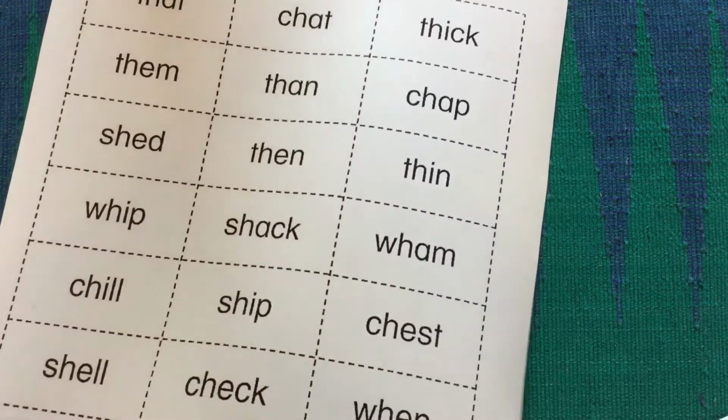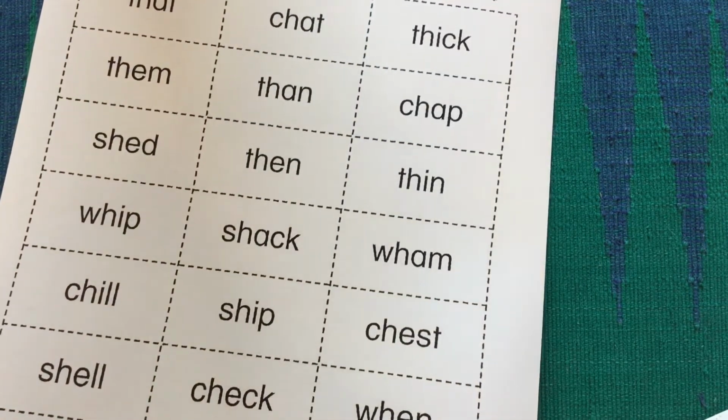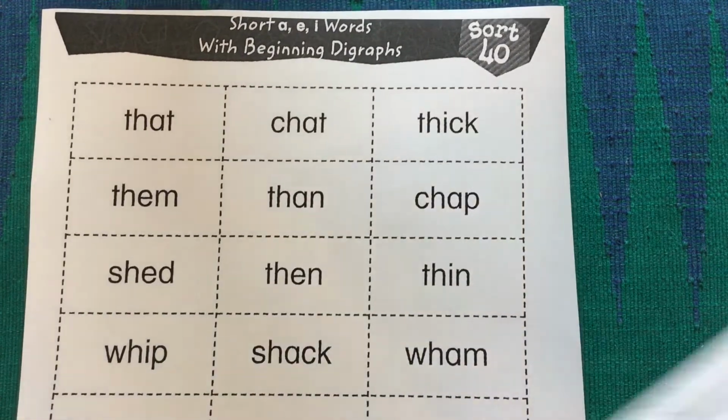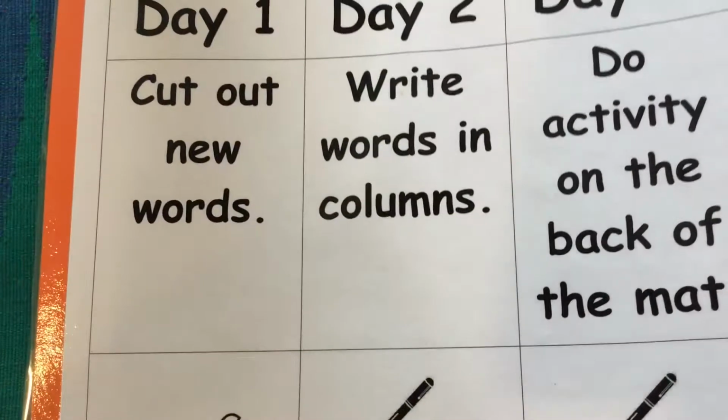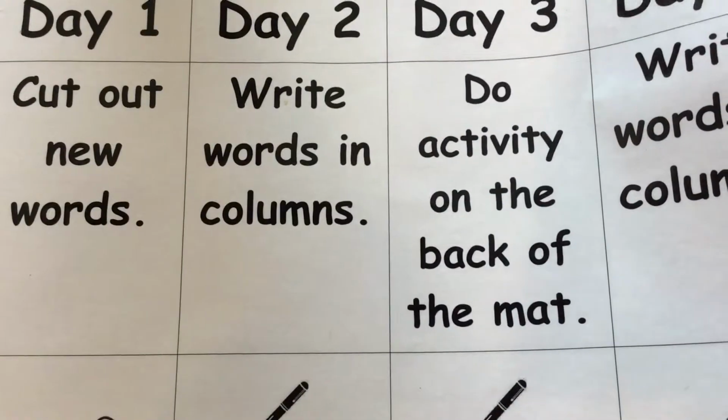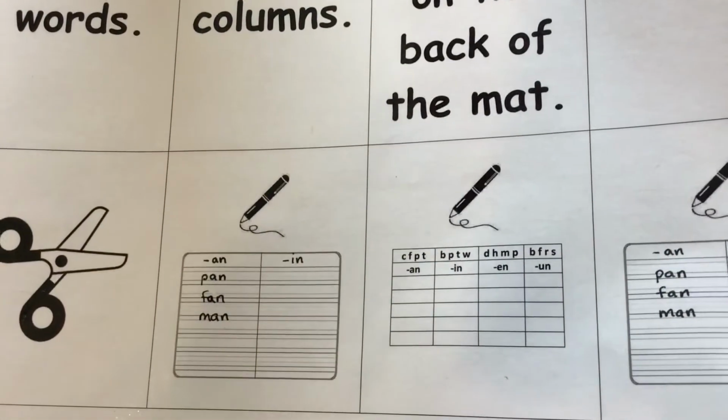They will be working with these same words over the course of a week or 5 days and doing all different kinds of activities with these words. So, generally speaking, over the course of the week, on day 1, we cut out the new words. On day 2, we write the words in columns in our notebooks. I'll show you how we do that.